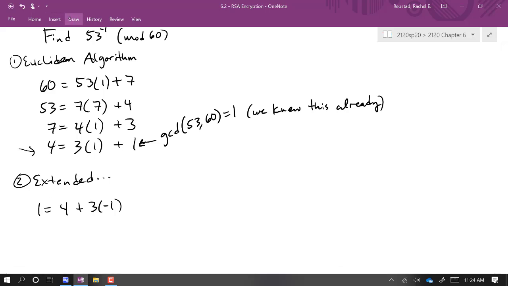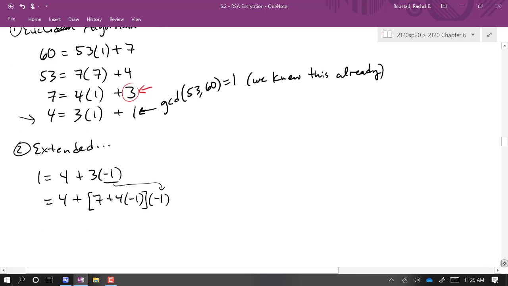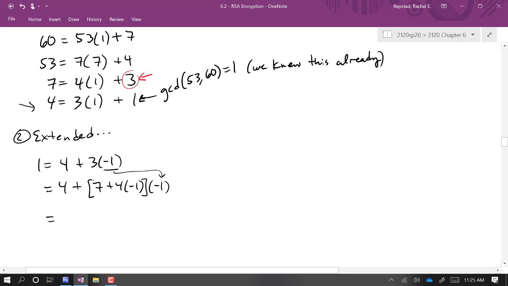Then I'm going to move up to the next row and rewrite 3 as 7 plus 4 times negative 1. Now this is multiplied by negative 1, right? I'm bringing down this factor here. So now I'm going to expand and consolidate.